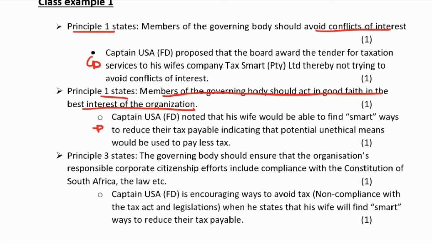Okay, and then principle 3 states that the organization should comply with the Constitution of South Africa and laws, etc. So trying to avoid tax would be tax evasion, which is non-compliance with the Tax Act, and therefore we've got non-compliance with the principle of King. Okay, so you could see that there were 6 marks available. You only needed to find 1 or 2 of those principles and be able to continue. Cool.